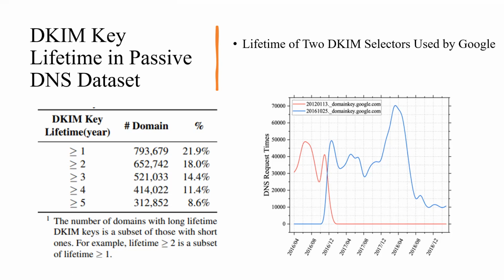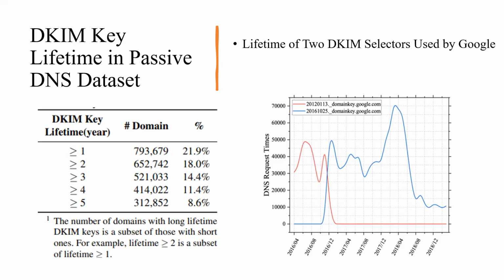That means the longer life keys are a subset of those with the shorter ones. For example, lifetime greater than 2 is a subset of lifetime greater than 1. That means the share of keys is gradually decreasing with lifetime according to the data.